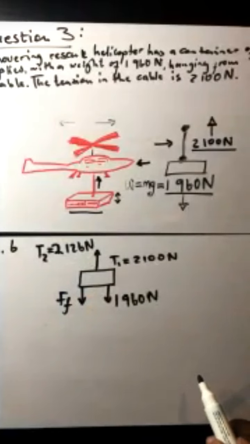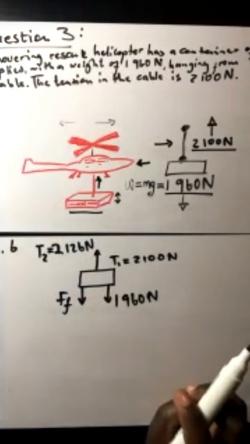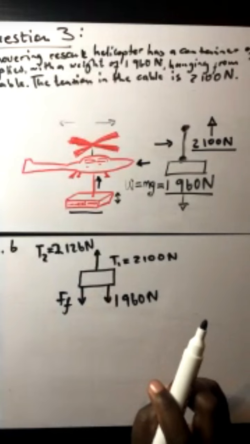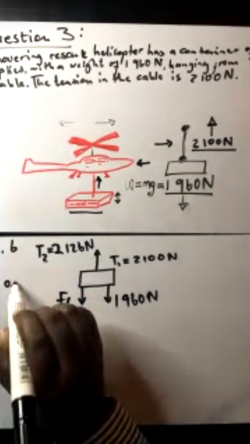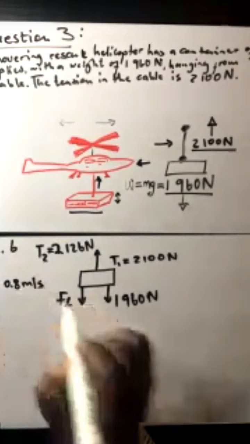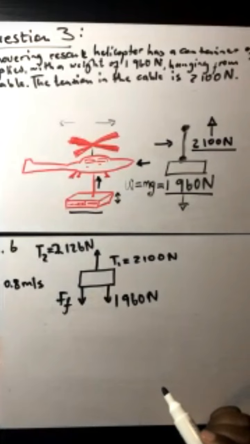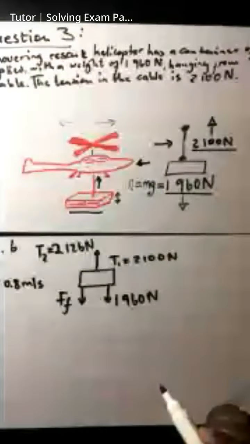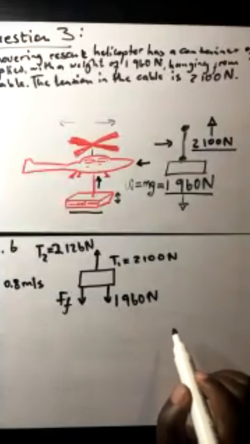So the other thing now is they are saying after an acceleration of a few meters, the container is pulled up at a constant velocity of 0.8 meters per second. So they are asking what will be the magnitude of the tension in the cable while the container moves upward at a constant velocity.